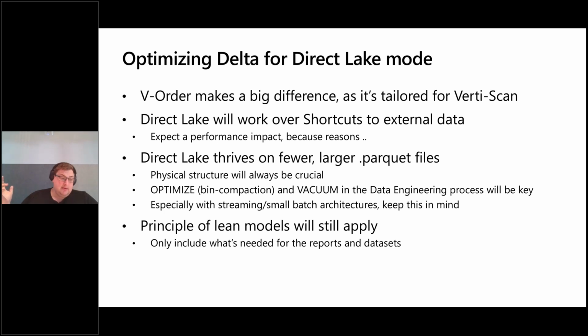Now, I still feel that the principle of lean models very much applies. Lean models means, if you're not planning on using it, why would you put it inside your model? Let's pick on SAP again. If you're coming from the SAP world, maybe you have tables that have 550 columns. Well, if you're only using 32 of those 550 columns, why the heck are you putting the 528 columns you're not using into your model?